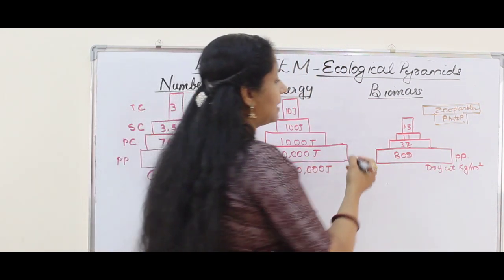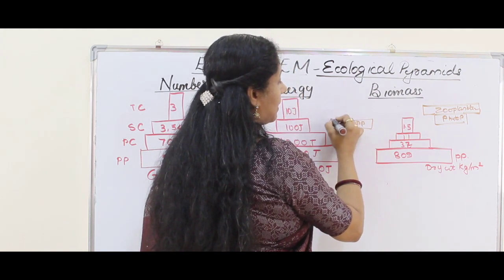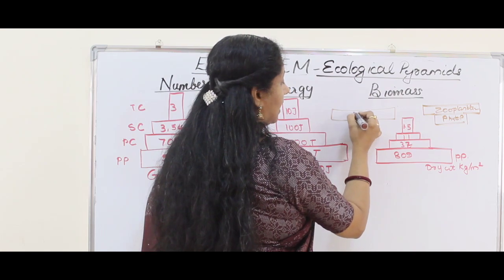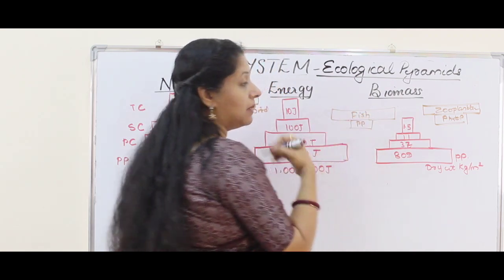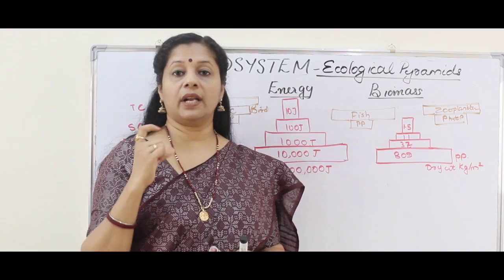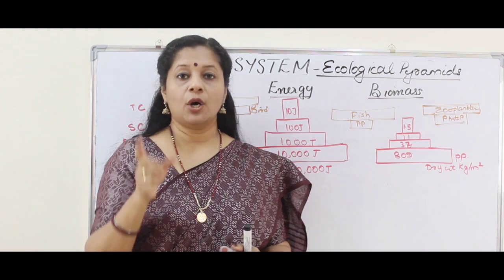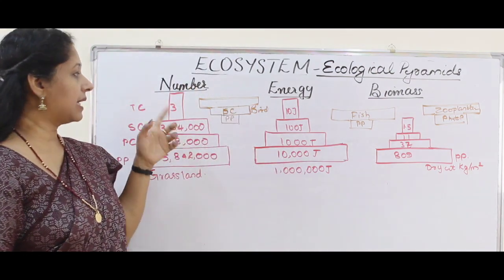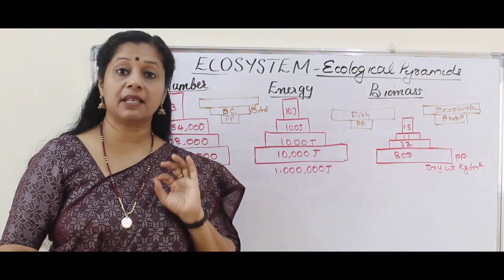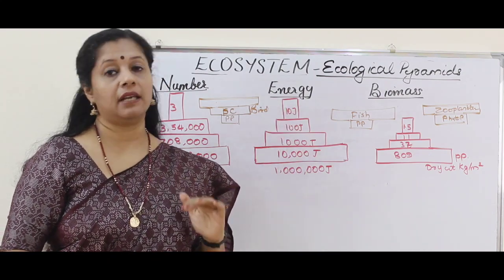Or if phytoplanktons are also eaten by fishes, even in that case if you see the phytoplankton biomass and fish biomass, the biomass of fish far exceeds that of phytoplankton. So in a sea or an aquatic ecosystem, the pyramid of biomass can be inverted. On a tree, pyramid of number can also be inverted. You have to remember these specific examples, but pyramid of energy can never be inverted.